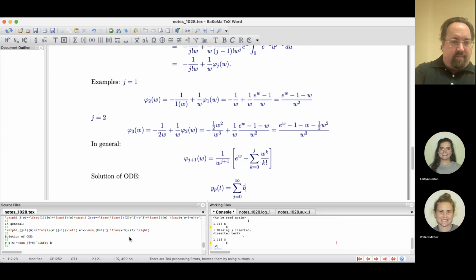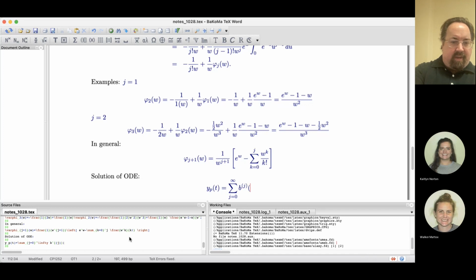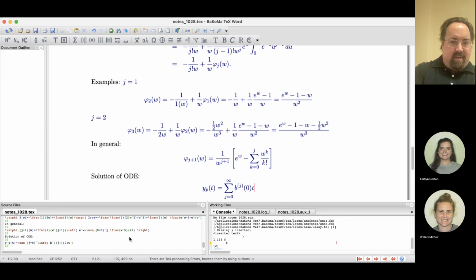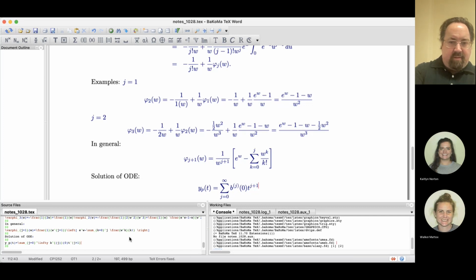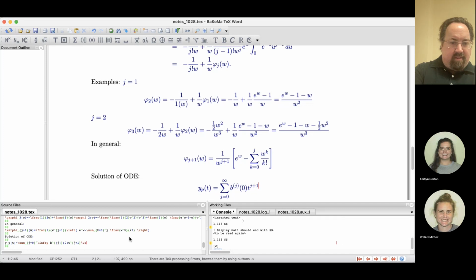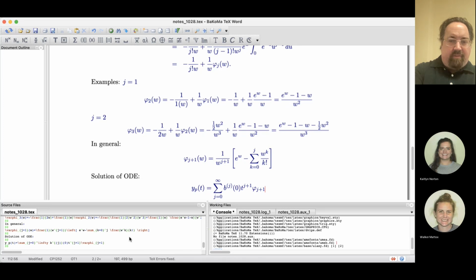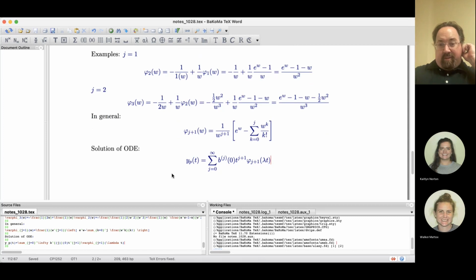So it's the jth derivative of your right-hand side, your source term b at 0, times t to the j plus 1 times phi j plus 1 of w, but w is lambda t. So I just include that in there. Okay. So I have this way of expressing a particular solution.